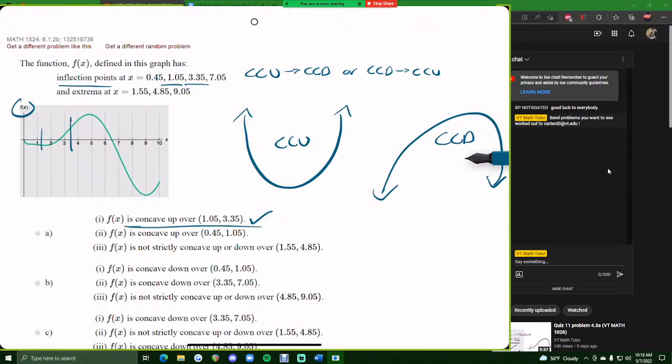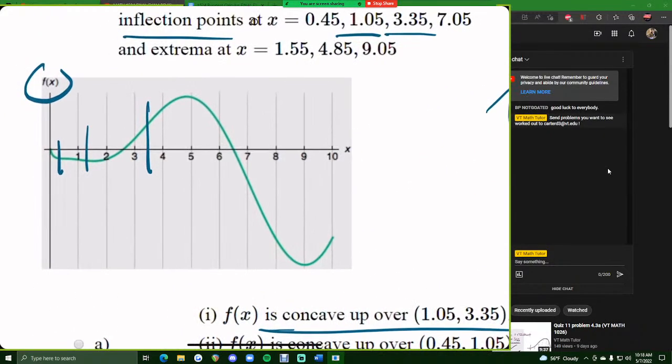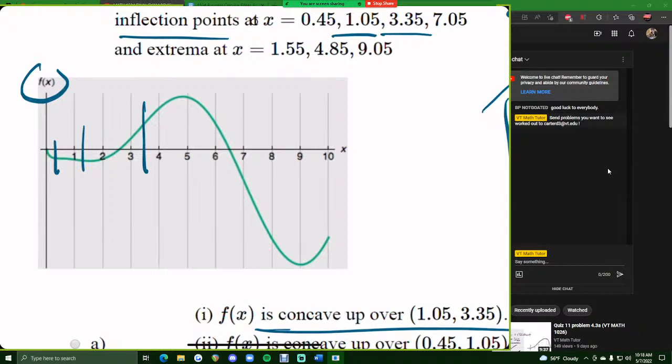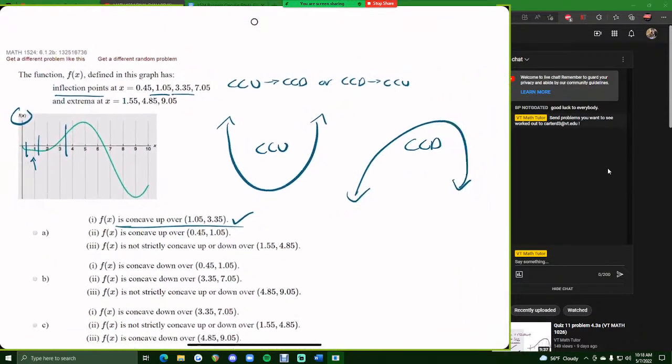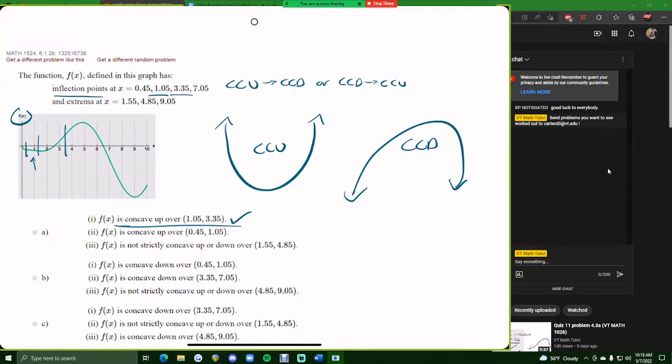Let's keep it rolling. Concave up from 0.45 to 1.05. Now, it's impossible to truly see what's going on here. You can maybe make out that it's kind of doing something like this between here. However, this is where the inflection points really come into play. We do know that the boundaries are 0.45 and 1.05.